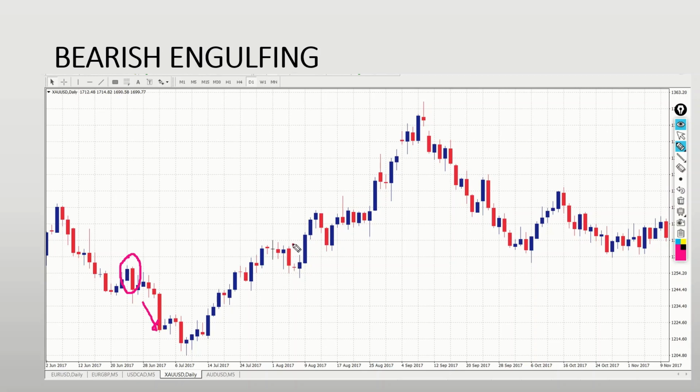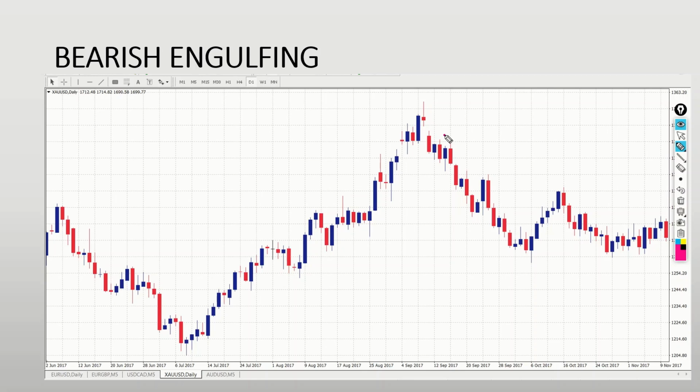So when we look here, there's also a bearish engulfing, though the price did not succeed going downwards after forming this candlestick pattern. Okay. So we also have a bearish engulfing right here, and it showed a subsequent move downwards. Okay. So we want to look for a bearish engulfing which is so clear, and then the price moved downwards.